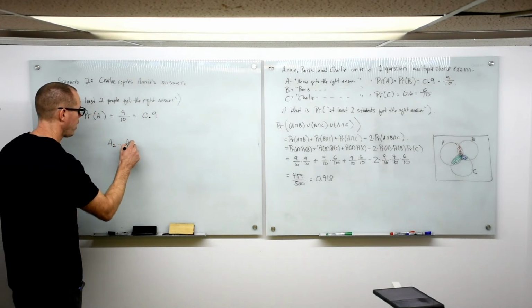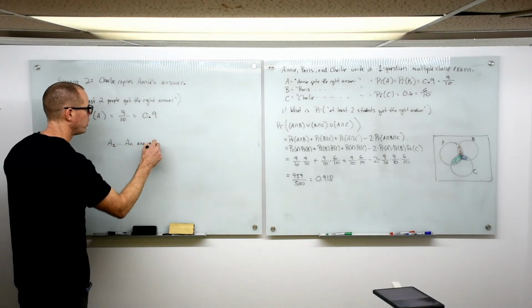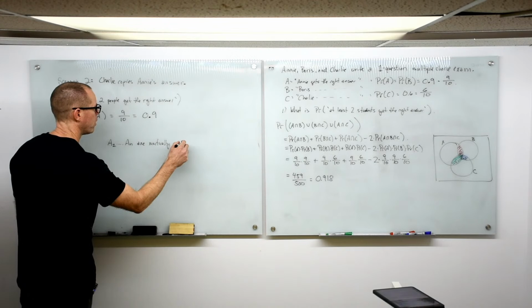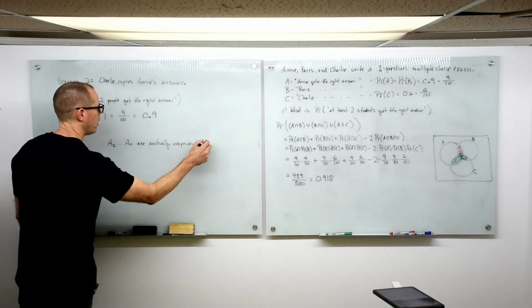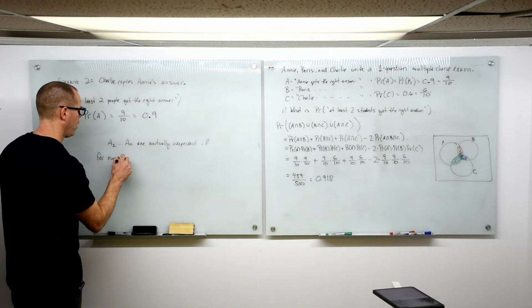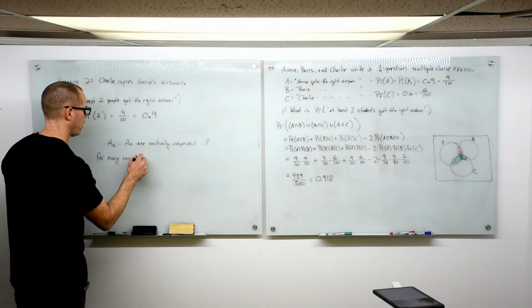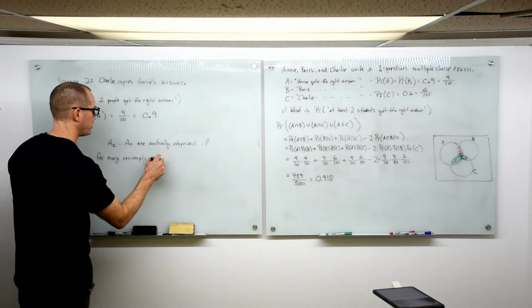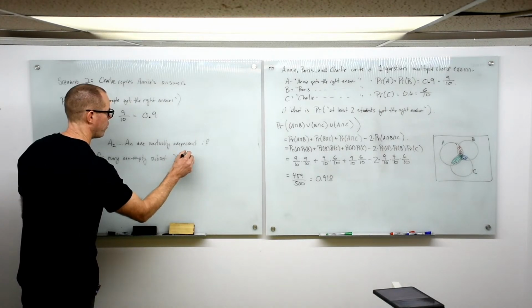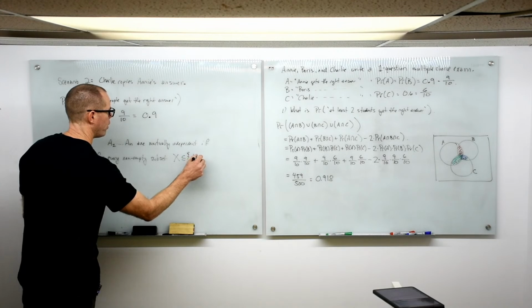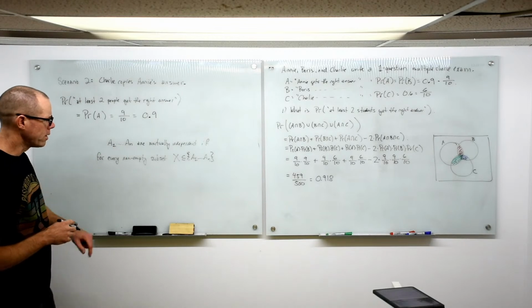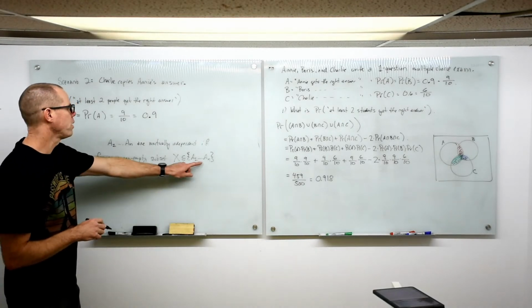A1 through AN are mutually independent if for every non-empty subset, let's say X, a subset of A1 through AN. Now, there's a bit of an issue here that A1 through AN is a sequence, and I'm treating it like a set, but let's ignore that for a second.